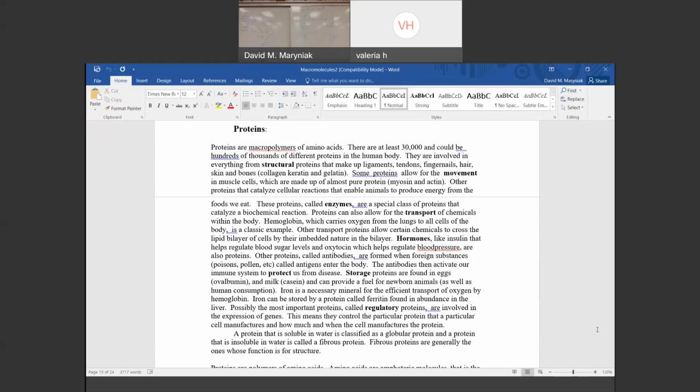So carbonic anhydrase catalyzes the decomposition of carbonic acid into CO2 and water, and that allows us to breathe out CO2 at an appreciable rate. If we couldn't get rid of CO2, what would happen?